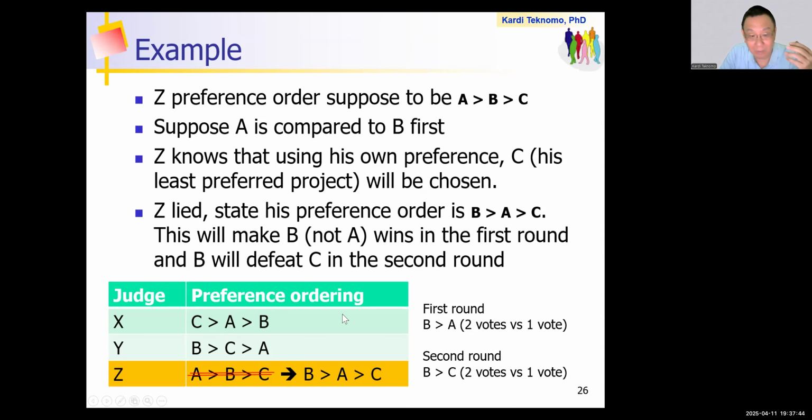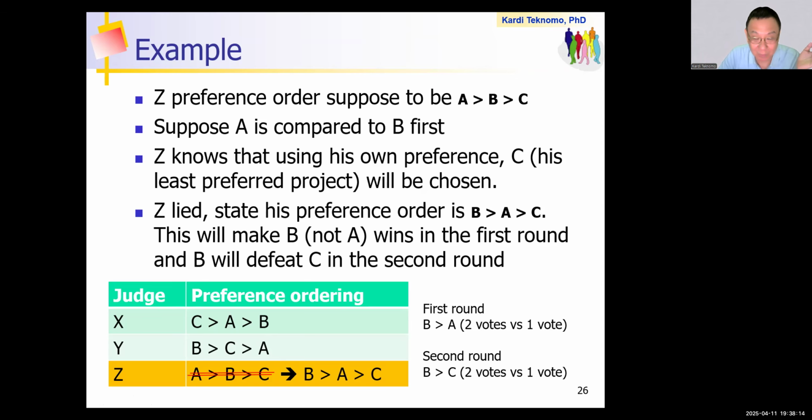So by lying about his own preference, not revealing it and then changing what he says, he can control the group decision. Can you see that? Any question about this? This is actually a wow, right?